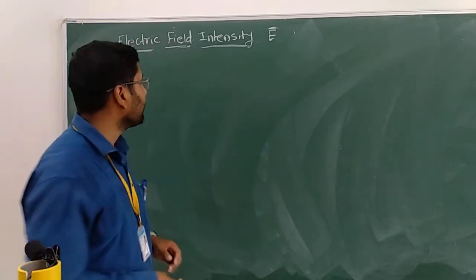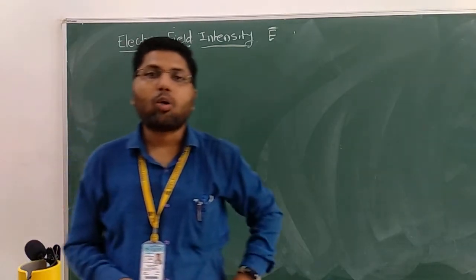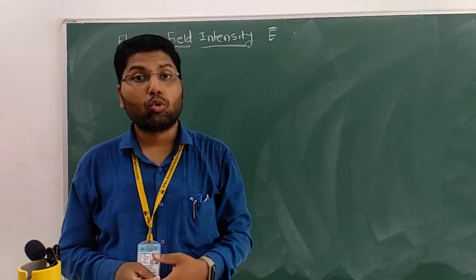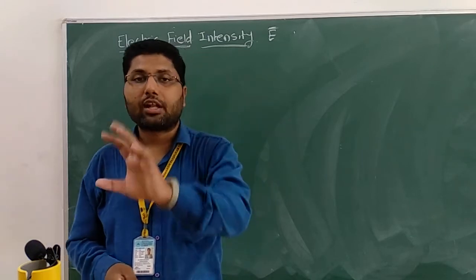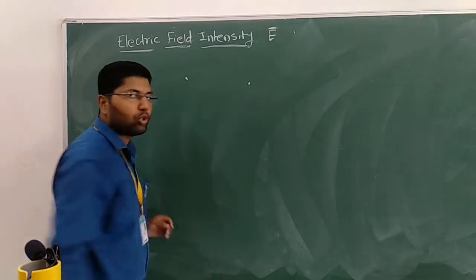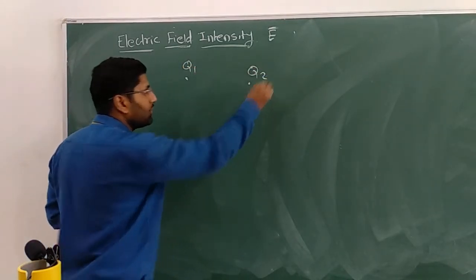Electric field intensity, as I said, is given by E bar. Now how is it related with Coulomb's law? What does Coulomb's law tell you? Coulomb's law tells you about the force applied by one charge on another charge. Suppose there is a Q1 and there is a Q2, these two charges.